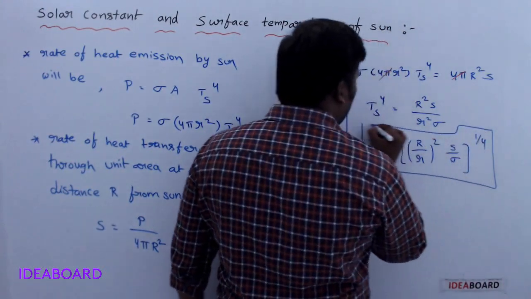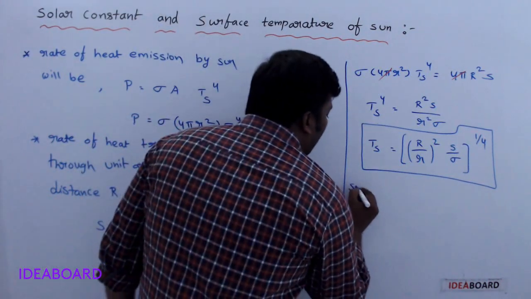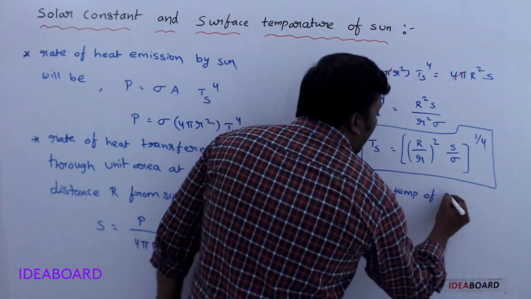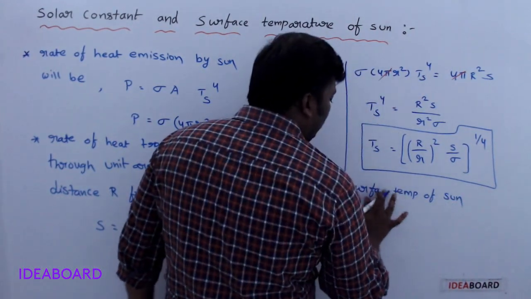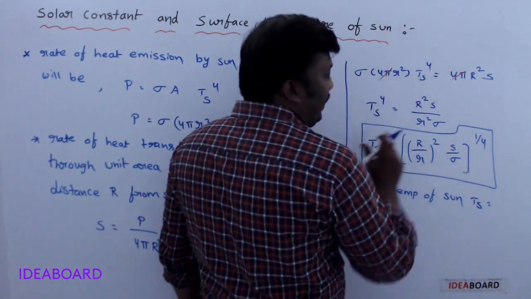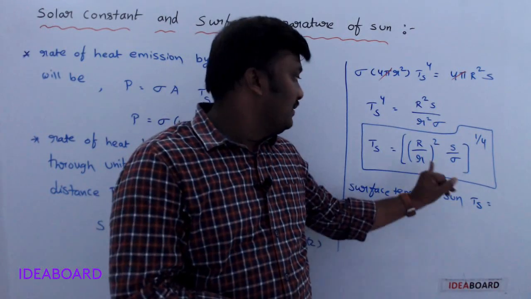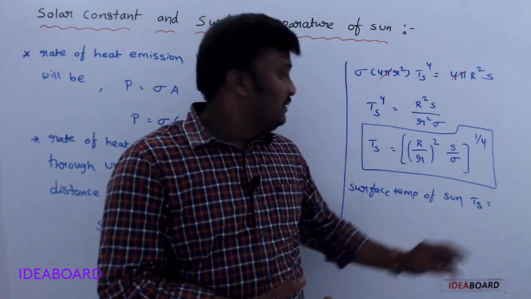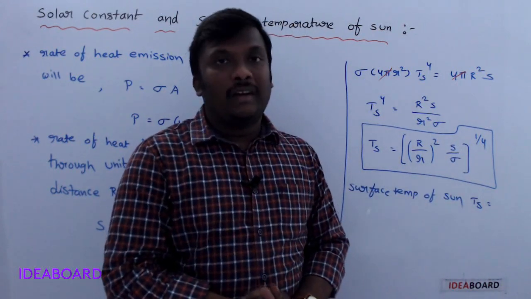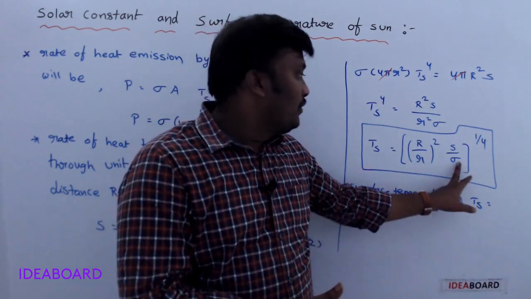So this is the value of the surface temperature of the sun. Ts value is what? Capital R is the mean distance between the sun and earth. Small r is the radius of the sun. S is the solar constant, we know the value. Sigma is Stefan's constant, we also know this value.